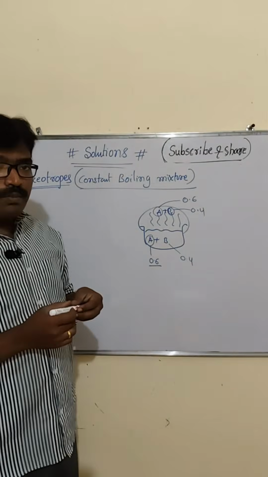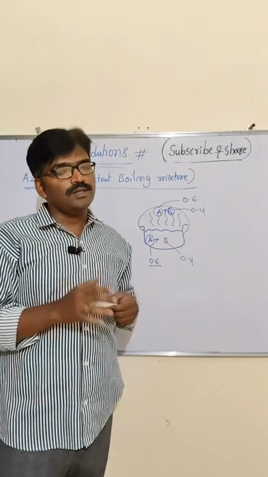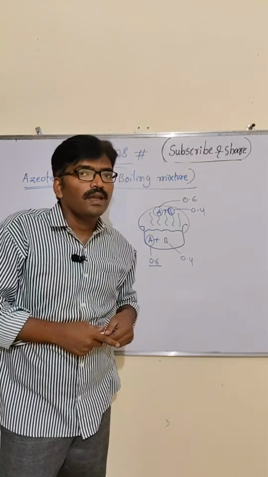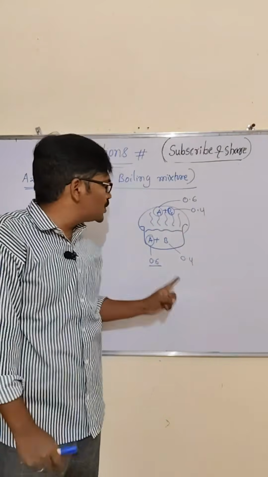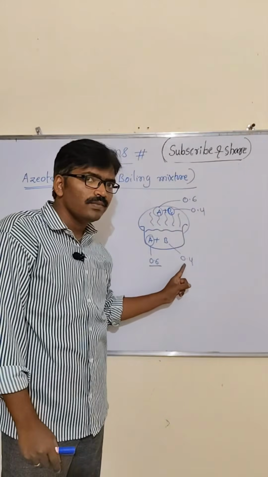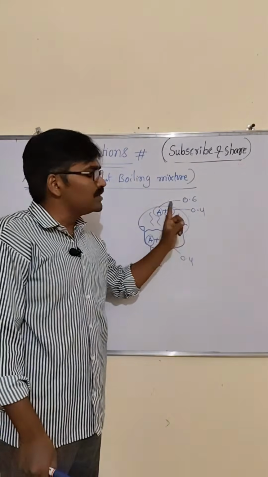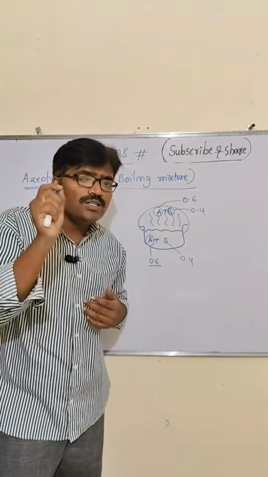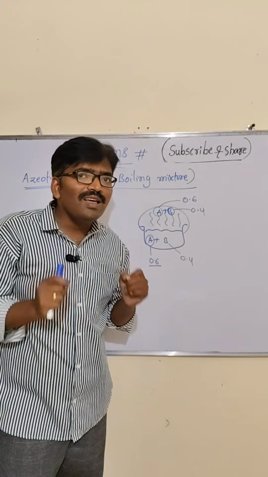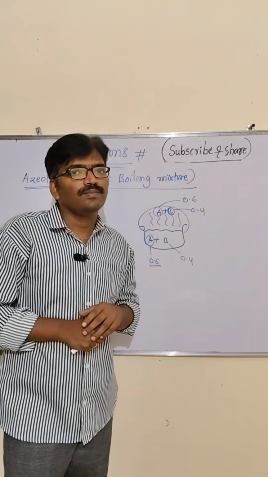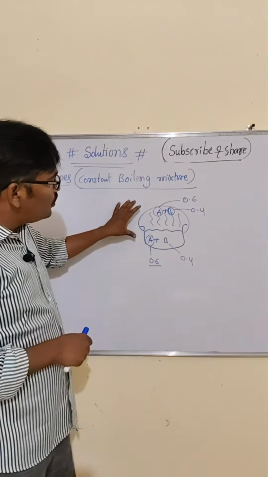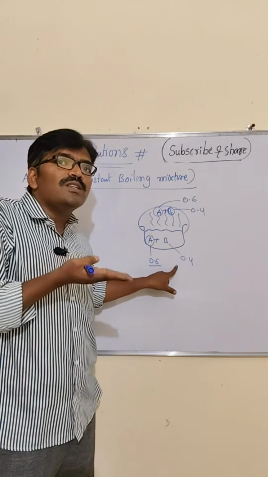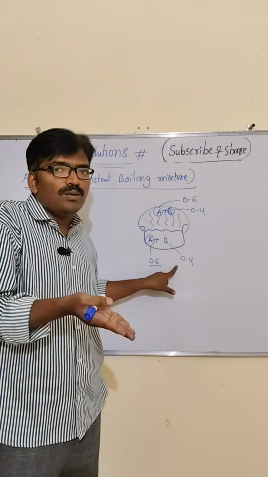Remember, a mixture of two or more components having the same composition in the liquid phase as well as in the vapor phase and boiling at constant temperature are called azeotropic mixtures. If two components boil at the same temperature, then we call it a constant boiling mixture.